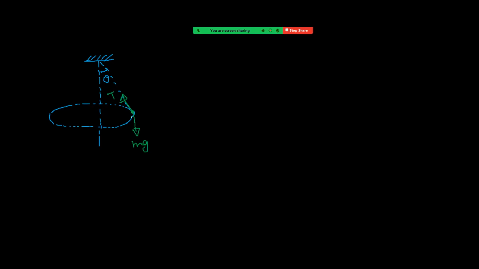So again, we have to focus on which force we have to resolve, right? As usual, we have discussed that resolve forces along motion direction and normal to motion direction. So motion direction means direction of velocity. So here you can see normal to plane of circle net force must be zero.